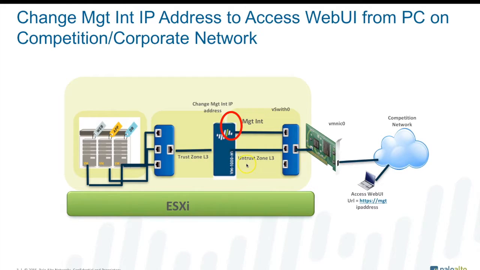We assigned the interface to our untrust zone. And then we set up our internal interface, which is facing our web servers. Now remember, we were given fixed IP addresses for our services that are being scored, so we can't change those IP addresses.